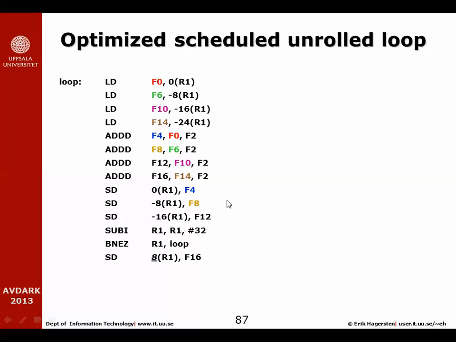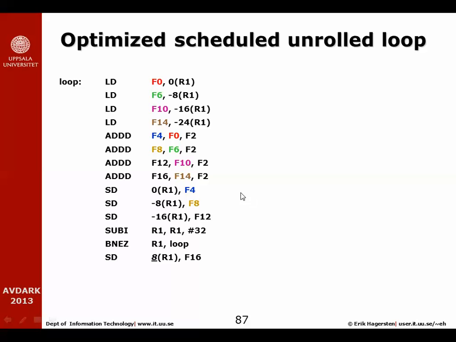If you optimize this code, we just apply the trick I told you about. We move the loads as high up as possible. We move the stores as far down as possible. And maybe we have to do some other smart organization. In this example here, we didn't need to do any more smart organizations. So here we have the 4 loads, followed by the 4 adds, followed by the 4 store double.